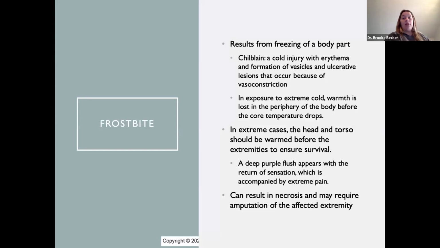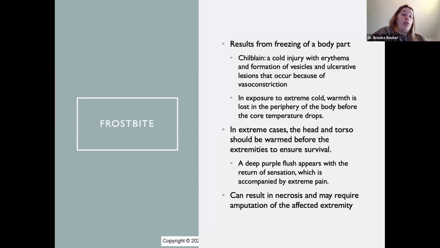Frostbite. So this happens from the freezing of a body part, okay? A chilblain is a cold injury that comes with redness and then vesicles, so blisters, and then ulcerations, okay?